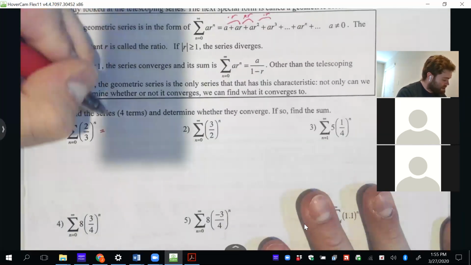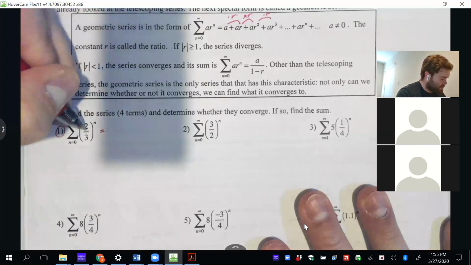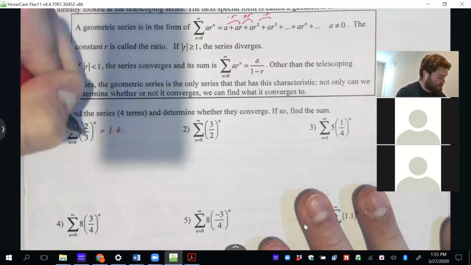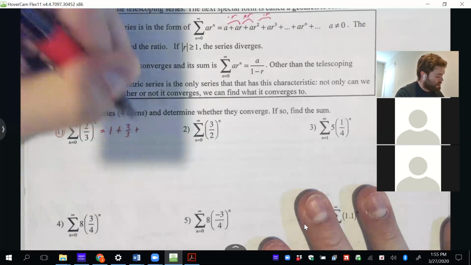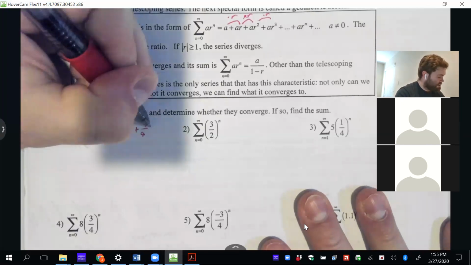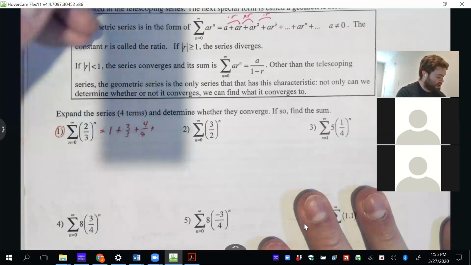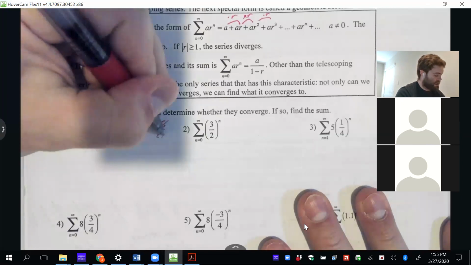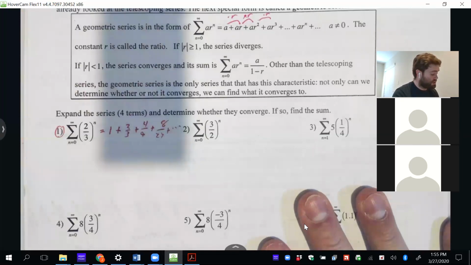When n is 0, something to the 0 power is just 1. Something to the first power is itself, so that's 2/3. Then to the second power, we're squaring top and bottom, so 4/9. Then the third power, we're cubing the top and bottom, so 8 over 27. It's just going to keep adding forever those values in that sort of pattern.